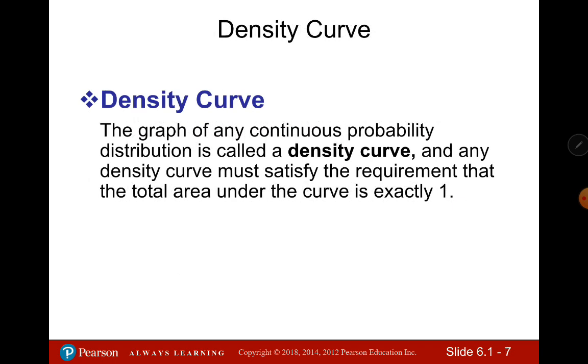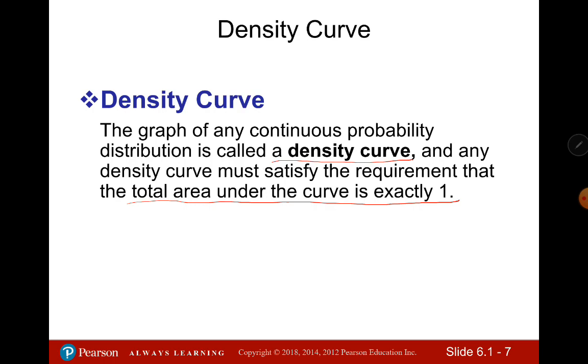And the graph of any continuous probability distribution, we call it a density curve. So the total area under the curve is exactly 1. This is just a definition. You only need to know this is called the density curve, and you should know the total area under the curve is exactly 1. And you do not have to know why.